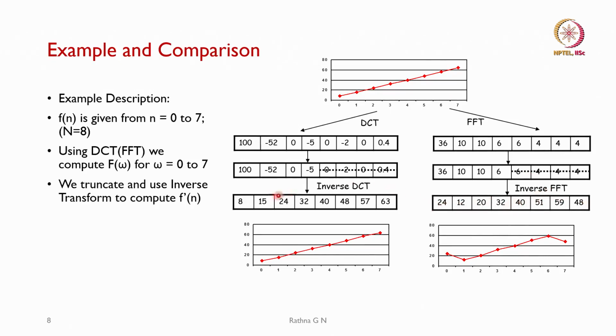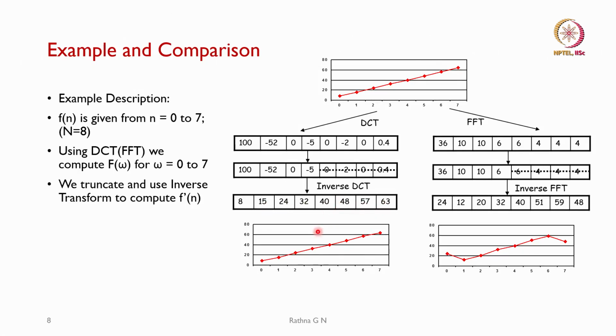In the case of DCT, a few of them are exactly represented: 8, 24, and 32, 40, 48 are almost the same values. Instead of 16 we have 15, instead of 56 it is 57, instead of 64 it is 63.